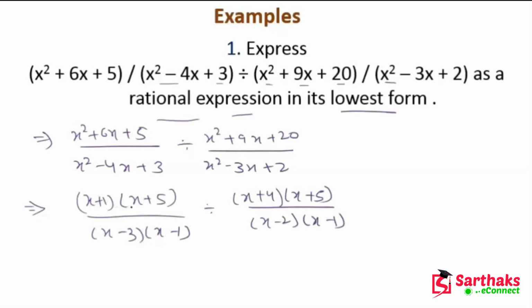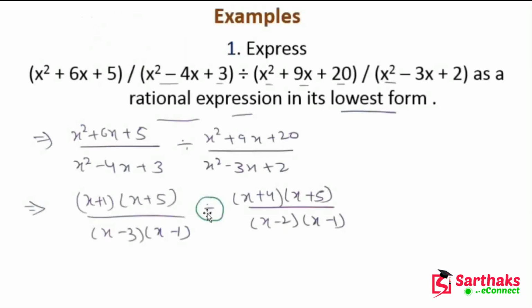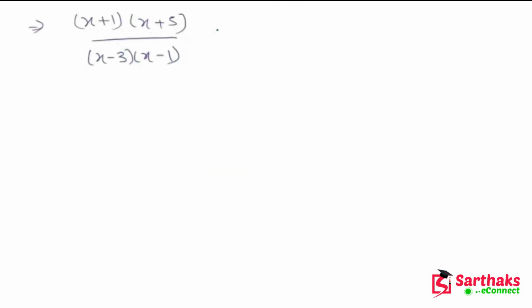Now if we observe that, okay, there is a sign of division. Now we have to change the sign. We have x plus 1 into x plus 5 divided by x minus 3 into x minus 1. Now we have to change the sign of division into the sign of multiplication, like this.